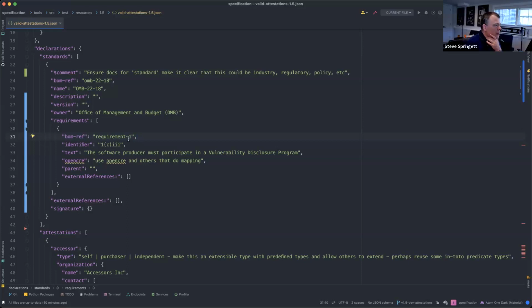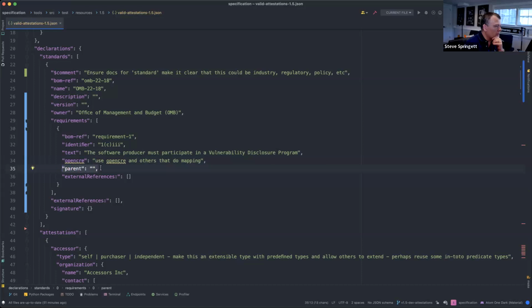So we've got the bom-ref for the standard. We've got a bom-ref for the requirement. We have an identifier, which is the identifier of the requirement in the context of the standard. So what is it called in the context of the standard? We've got the text of that requirement, a URL to OpenCRE.